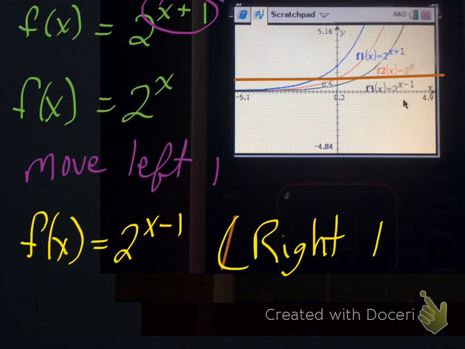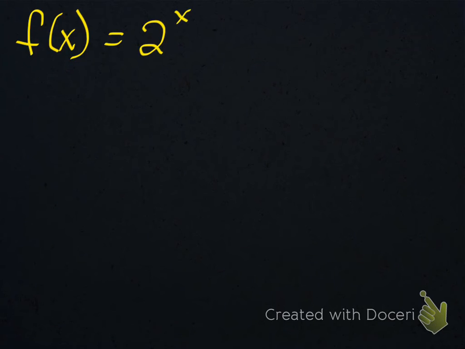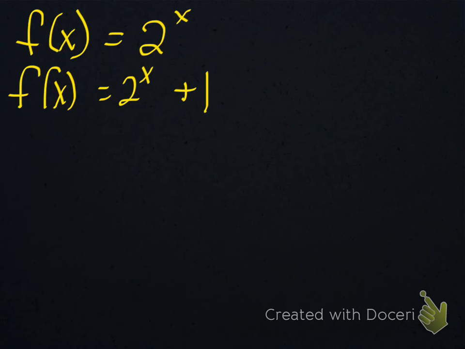So the exponent is going to move us left and right. Now f of x equals 2 to the x, we're going to do that as one of them, and f of x equals 2 to the x plus 1, not in the exponent.